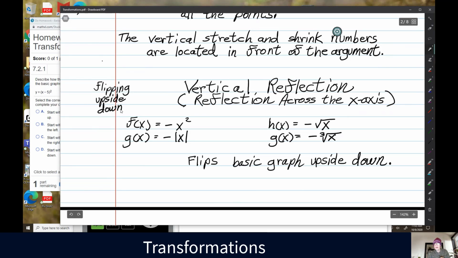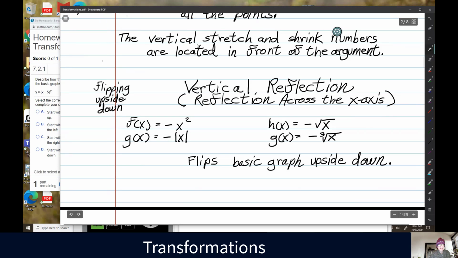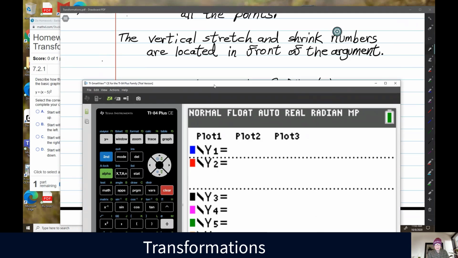Flipping upside down. All right, all that consists of is sticking a negative sign, not a minus sign, a negative sign in front of the function, as we will see.